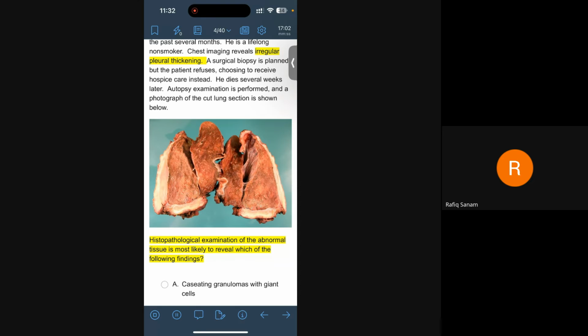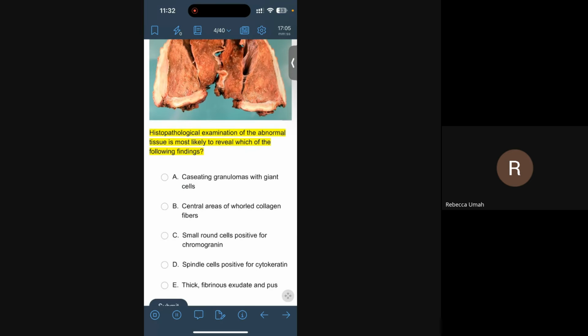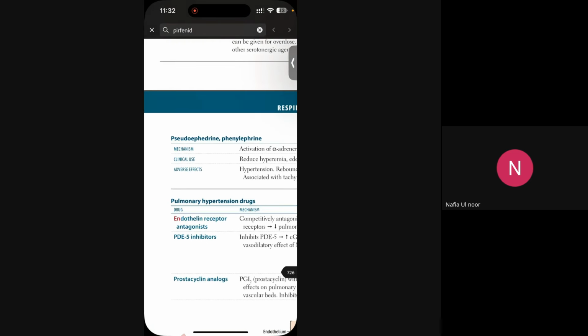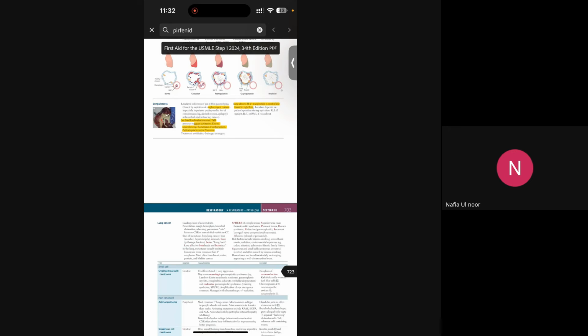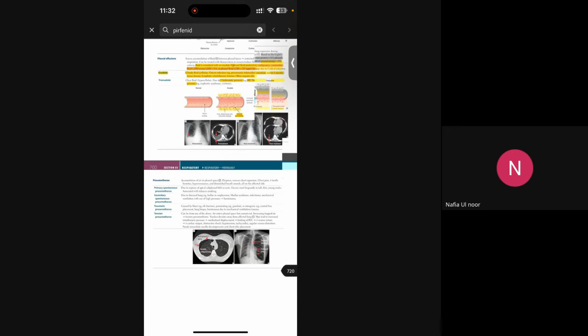Yes, you have correctly diagnosed the patient; it is mesothelioma. Now you have to tell me which of these options is consistent with mesothelioma. Let's first read mesothelioma. It is written on page number.